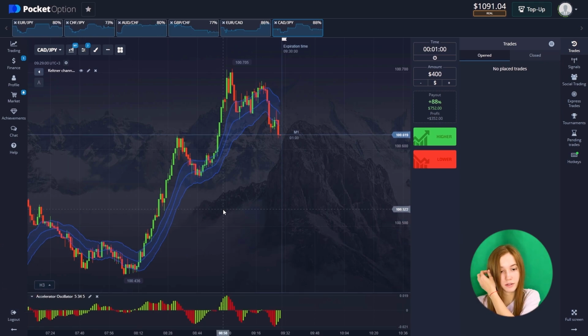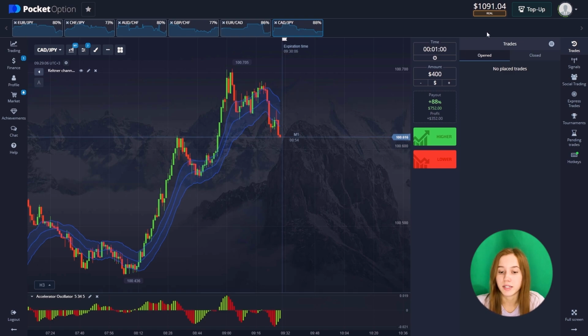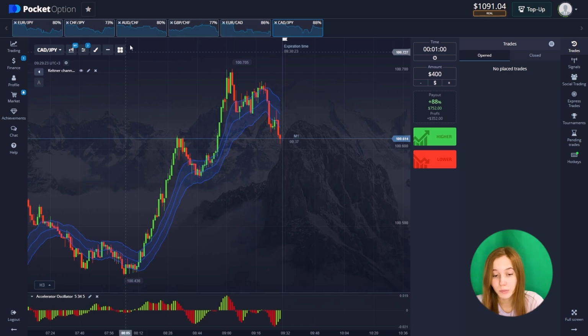And let's finish our trading session for today. Let's summarize it. So we increased our balance. It was $100 at the beginning, and now we have more than $1,000. It's very good. We increased our balance more than 10 times. 1 minute deal amount, time frame 1 minute.